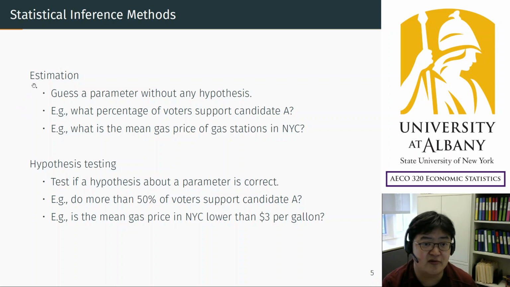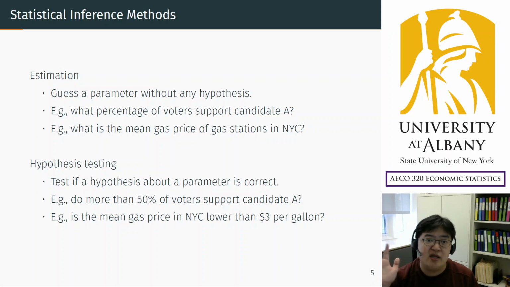The major difference between these two is that statistical inference is basically to guess about the parameter. But when you make a guess in estimation, there is no hypothesis. There is no prior hypothesis or assumptions or prejudice on the parameter.